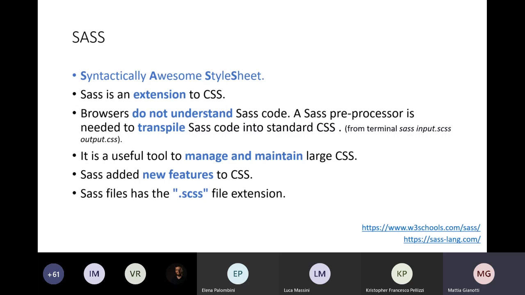The other thing you need to remember is that no matter what you do, Sass is not going to be interpreted by the browser. You need a pre-process, called transpiling, to move from your Sass code to standard CSS code. It's not very difficult.